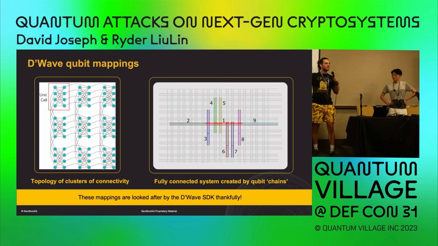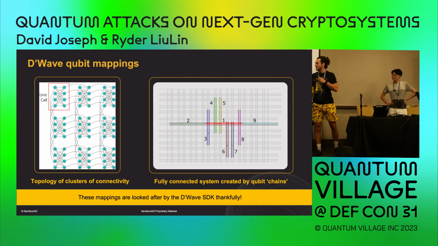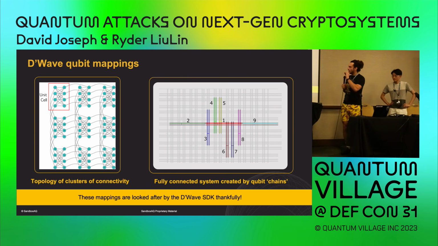And the cost of that mapping is roughly quadratic, right? So if you've got 10 actual qubits in the problem that you want to solve, then when you map it, maybe you'll have 100. Something like that. So there's a cost to it, but it's doable. And the actual D-Wave SDK has a mapping so that you don't need to worry about that, which is helpful.